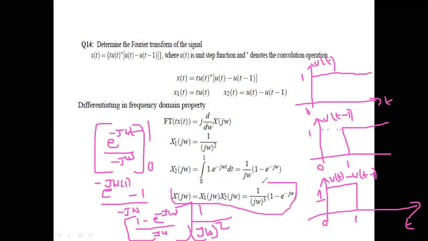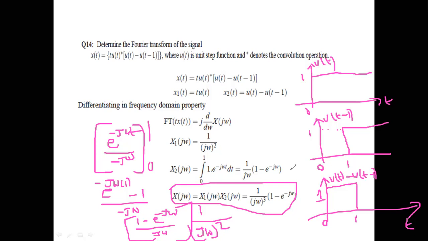So using the convolution property, the two time domain functions are convolved and the frequency domain functions are multiplied. Individually, x1 of t is t into mu of t, with Fourier transformation 1 by j omega whole square, and x2 of t is mu of t minus mu of t minus 1, with Fourier transformation 1 by j omega into 1 minus e power minus j omega.